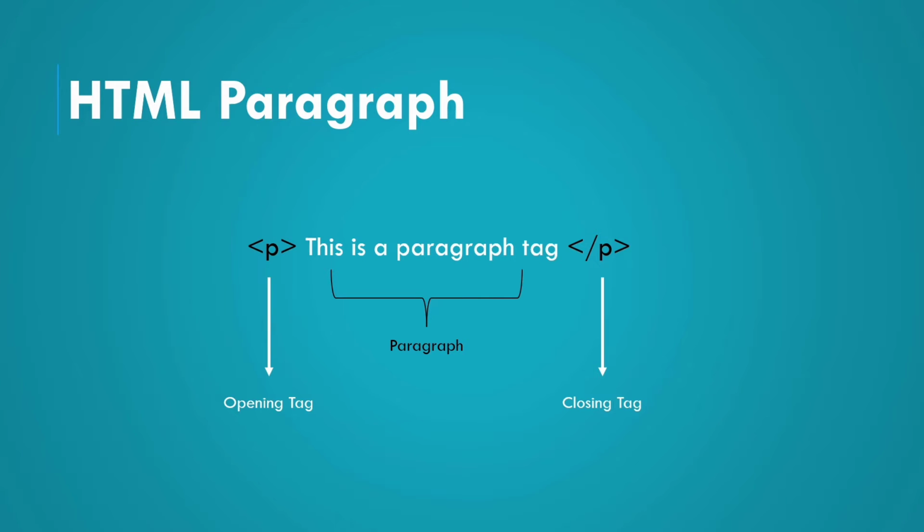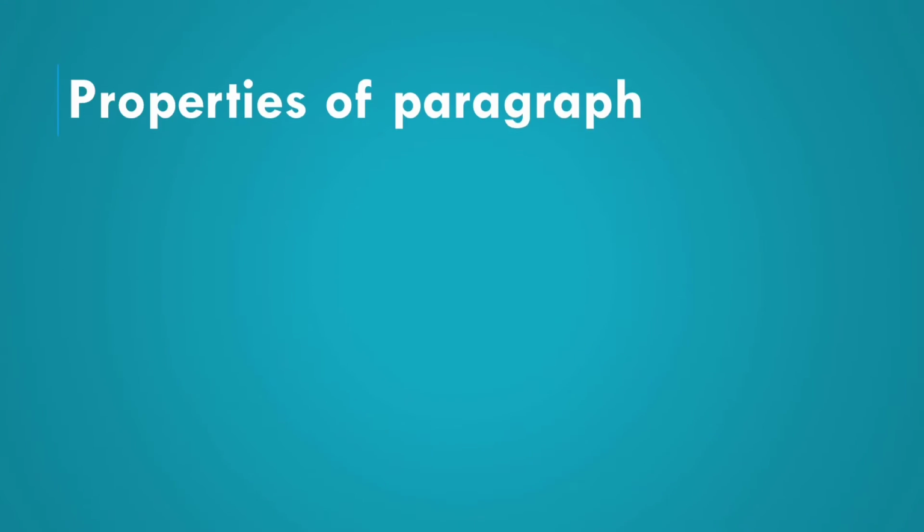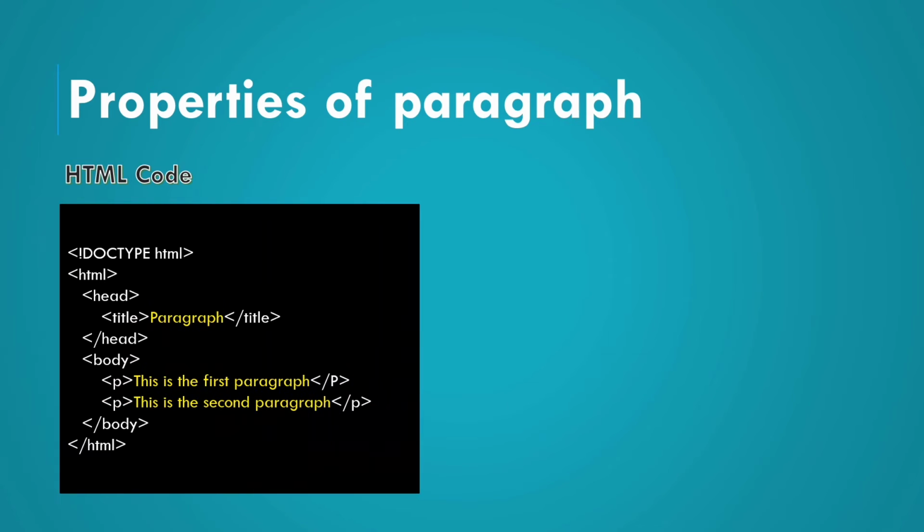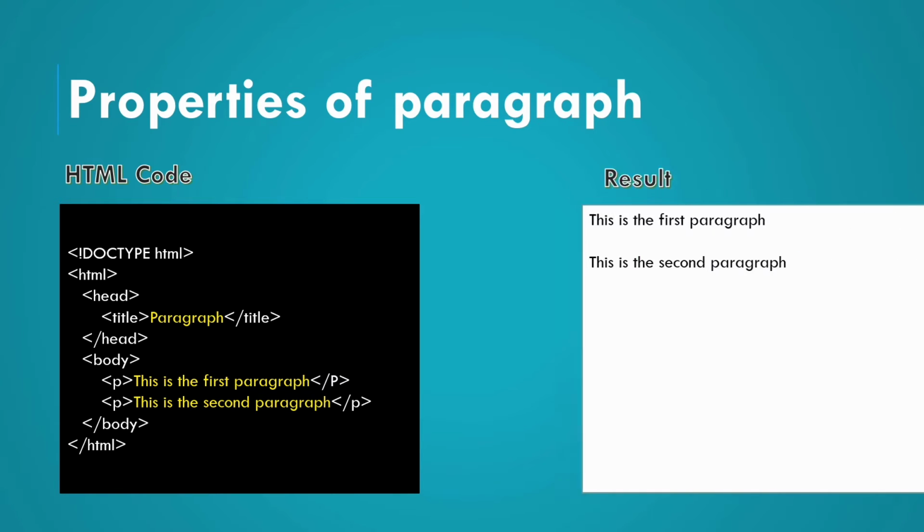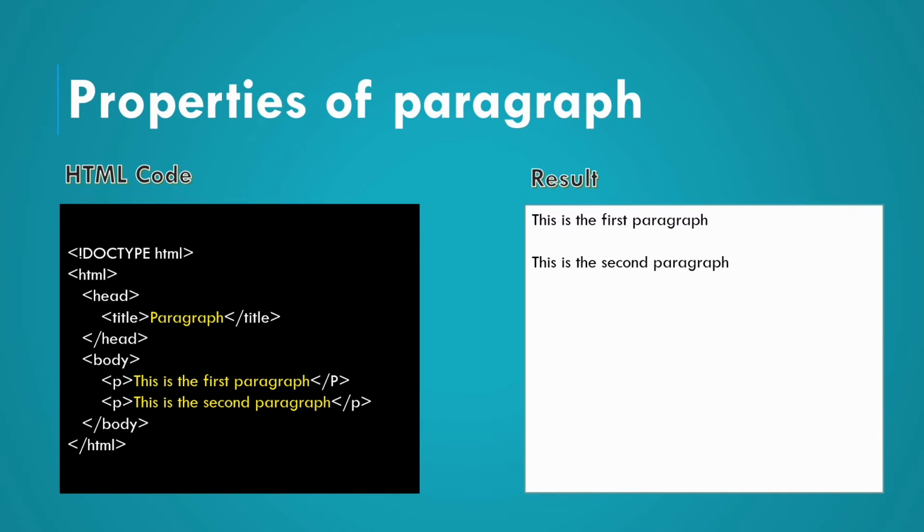A paragraph always starts on a new line, and browsers automatically add some white space before and after a paragraph. HTML does this by default. Properties of the paragraph. The P tag automatically adds space before and after any paragraph, which is basically margins added by the browser.